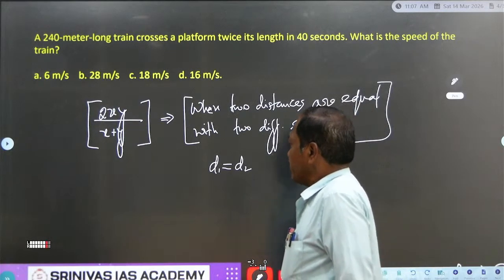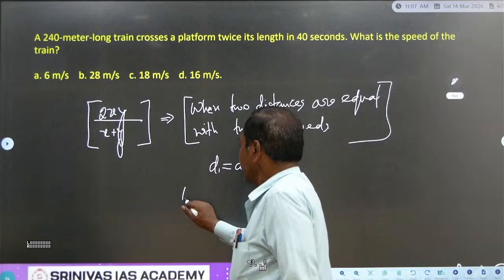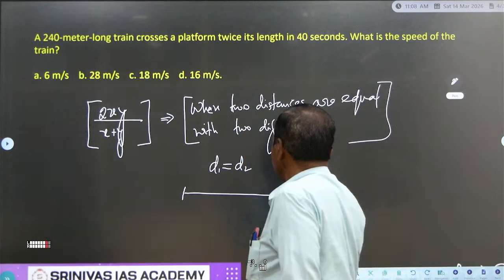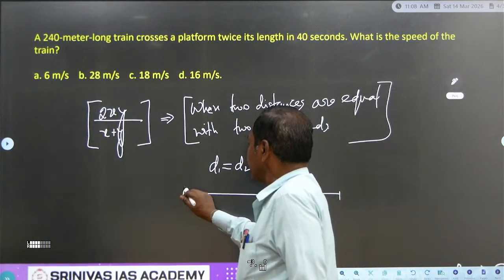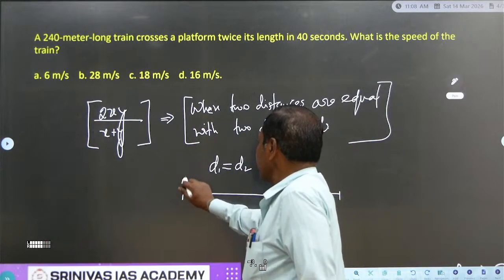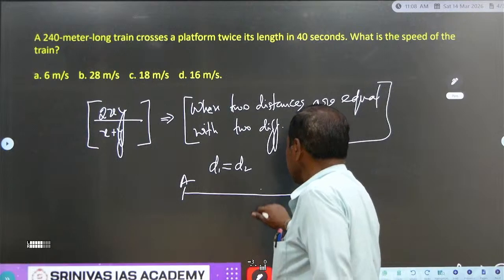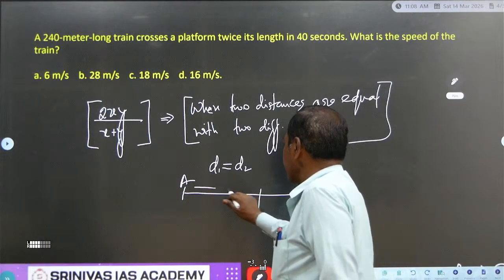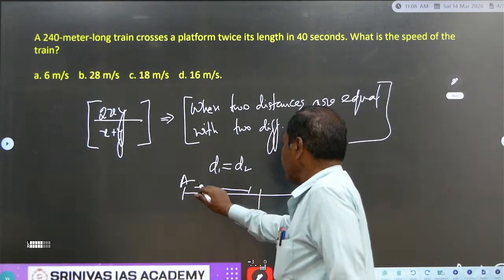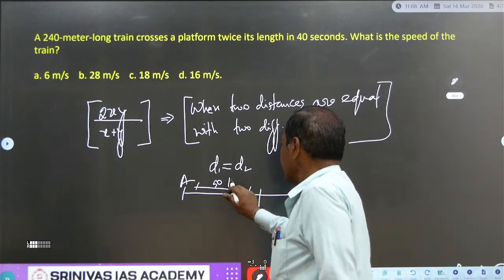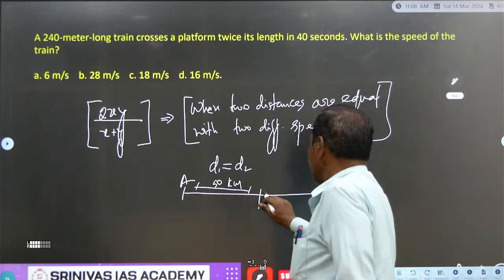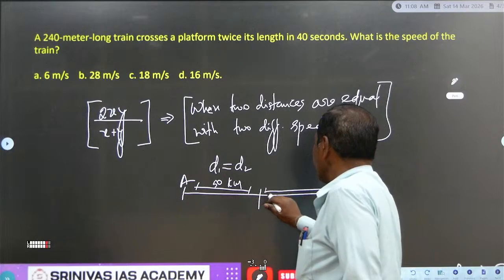And this is the one. For example, from here to Tumkur, this is the starting point. So this is starting point A and this end point is B. Two equal distances. From here to here is 50 kilometers and from here to here is 50 kilometers.